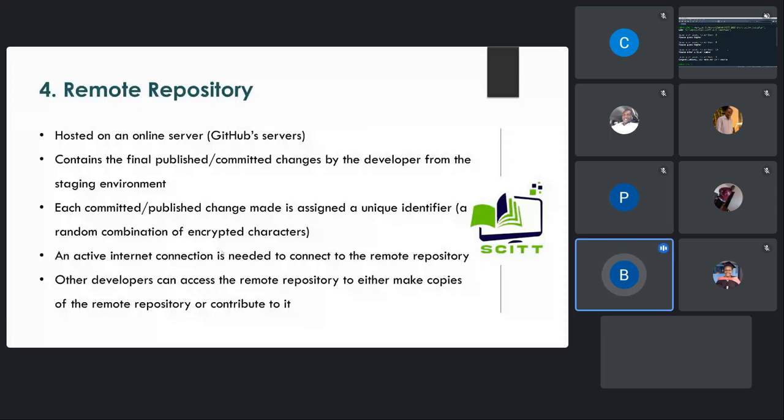And with the access, they can make copies, they can contribute to it. So, for instance, the link that was shared yesterday for the game, the one that you're supposed to clone, that is a remote repository.